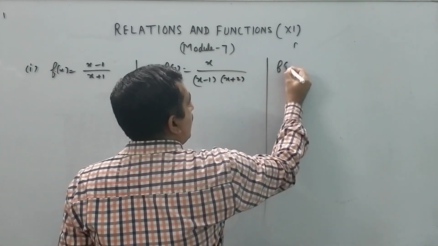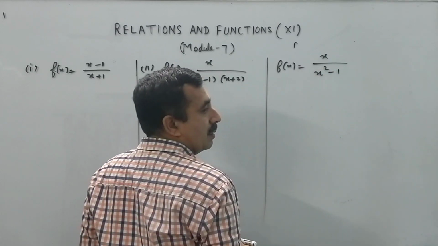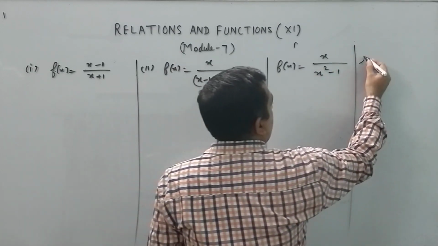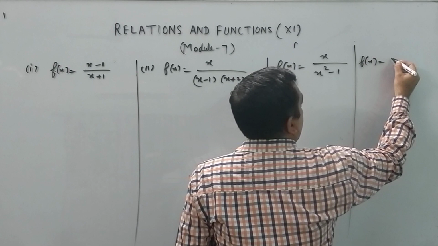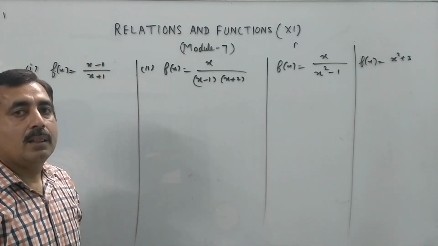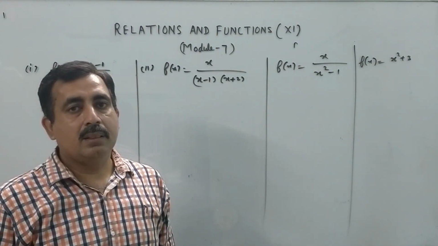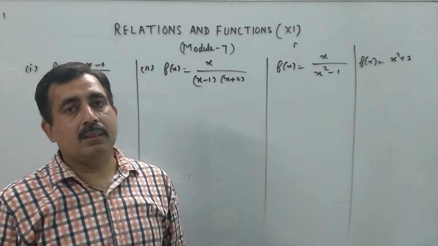Suppose function is x/(x square minus 1) and suppose function is simply x square plus 3. Now these are the functions and we are to find out domain.